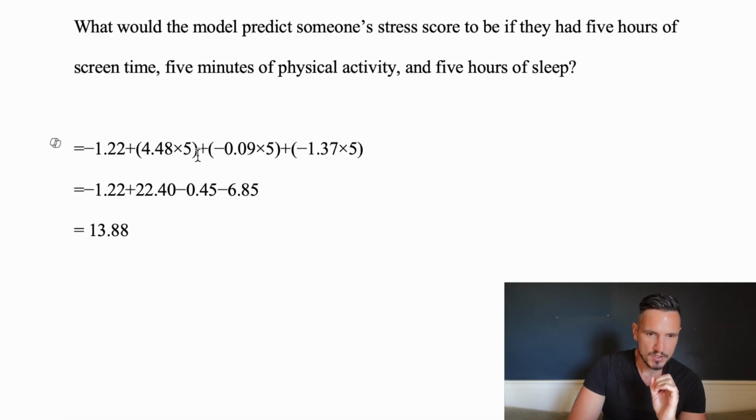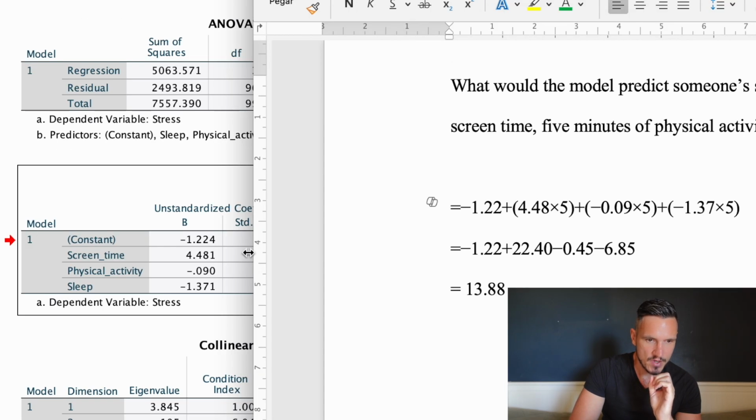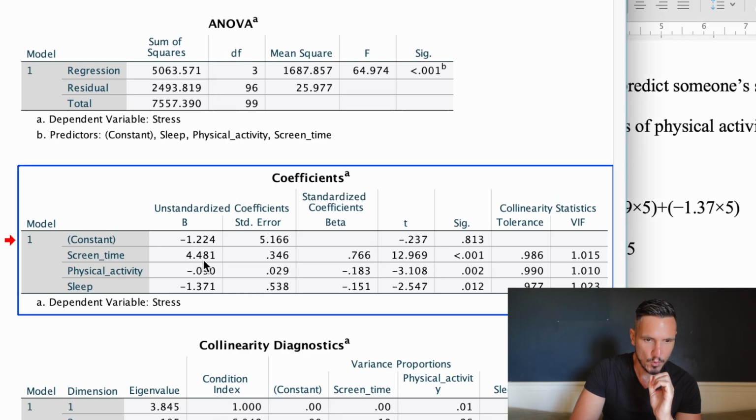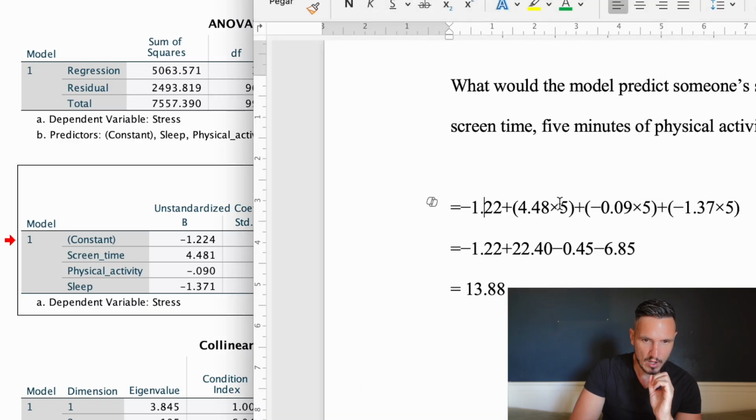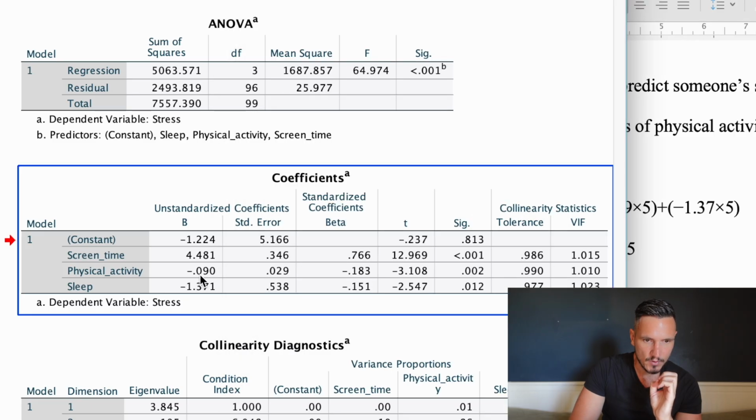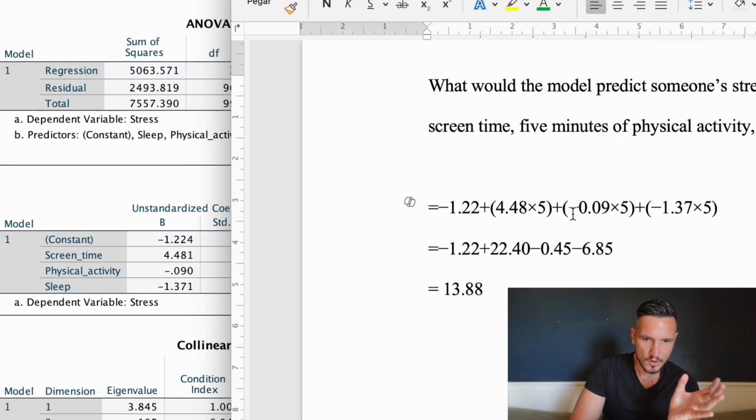And then we said that this person has 5 hours of screen time. So what we've done is taken this value here, which is 4.48, and we're multiplying that by 5, so 5 hours of screen time. Then we're adding that to minus 0.09 times 5, which is corresponding to 5 minutes of physical activity.